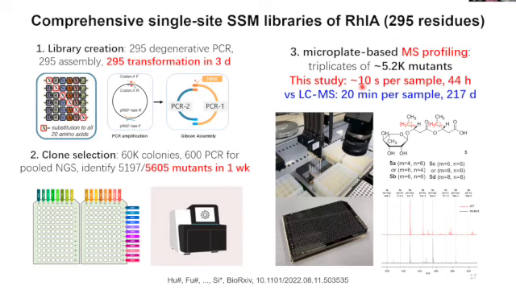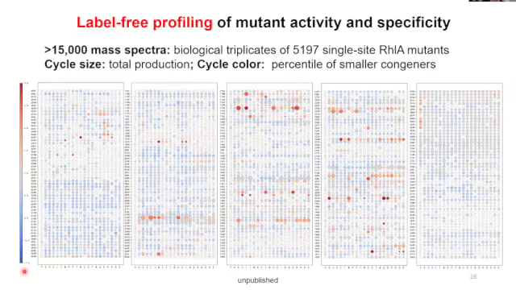We could achieve about 10 seconds per sample and finish all the tests in several days, versus the traditional LC-MS method, which would take several months. So using this technology, we could characterize every possible single mutant of this enzyme.